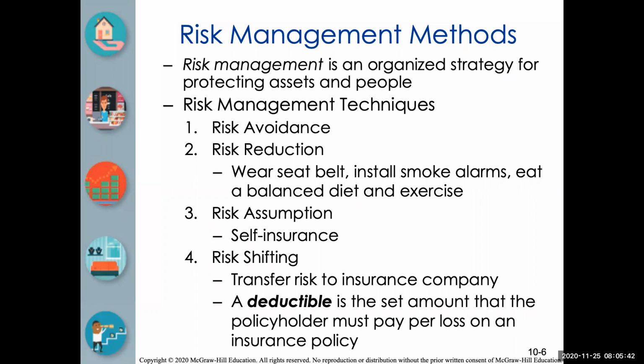So if we have a $1,000 deductible on, let's say, a $20,000 personal articles insurance policy, and somebody breaks into our home and steals our jewelry, personal articles, and the value of that jewelry that was stolen was estimated at $10,000, but we have a $1,000 deductible, it means that of that $10,000 involved in the theft, we owe the first 1,000 of that 10.